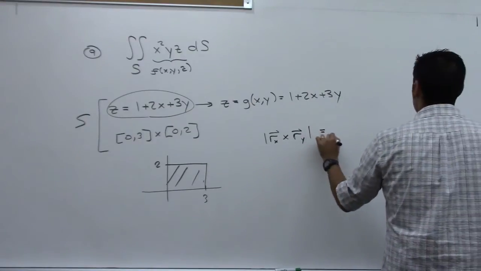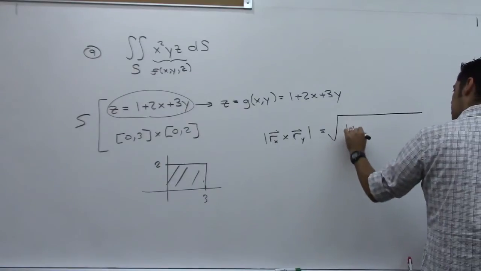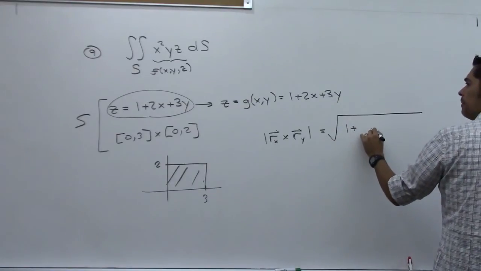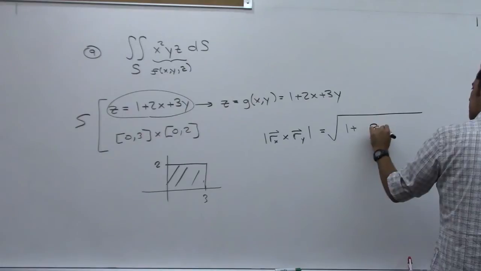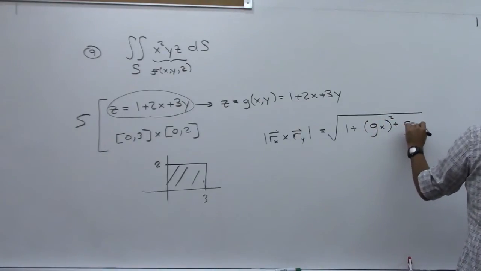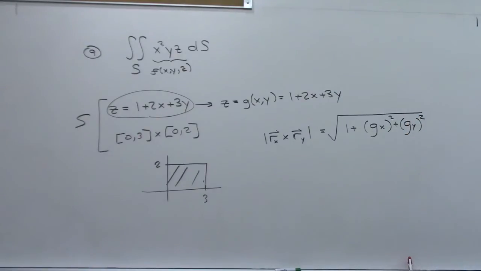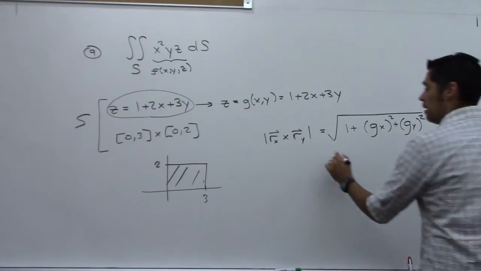With the formula, it turns out to be the square root of 1 plus partial g with respect to x squared plus partial g with respect to y squared. So that should look very familiar from last section. So let me go ahead and put that in.